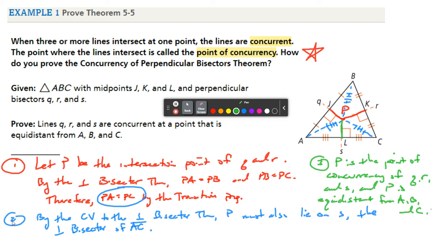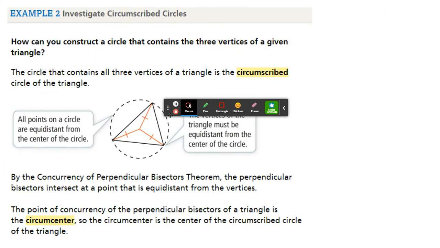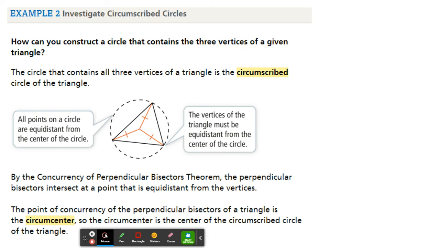Now, this point where these 3 perpendicular bisectors meet has a neat name, and we're going to talk about it right here. Okay, so this again is talking about circumscribed circles and the circumcenter. So it says, how can you construct a circle that contains all 3 vertices of a given triangle? Right.